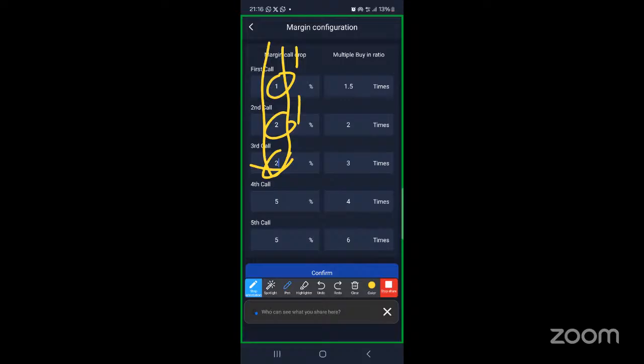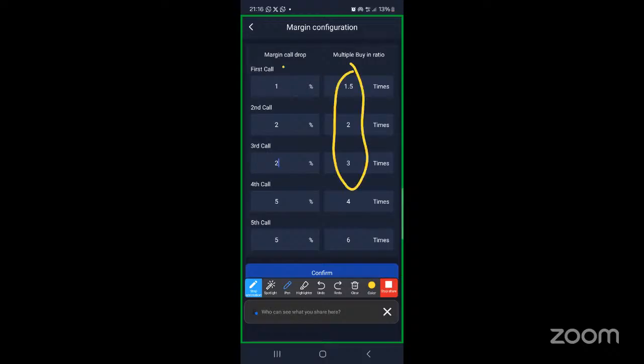So 1 plus 2, which is 3%, plus 2, which is 5%. Altogether, Jojo, are you understanding? It means this money here will be entered in the market within -5%. So we are going to be left with 25% to cover up.